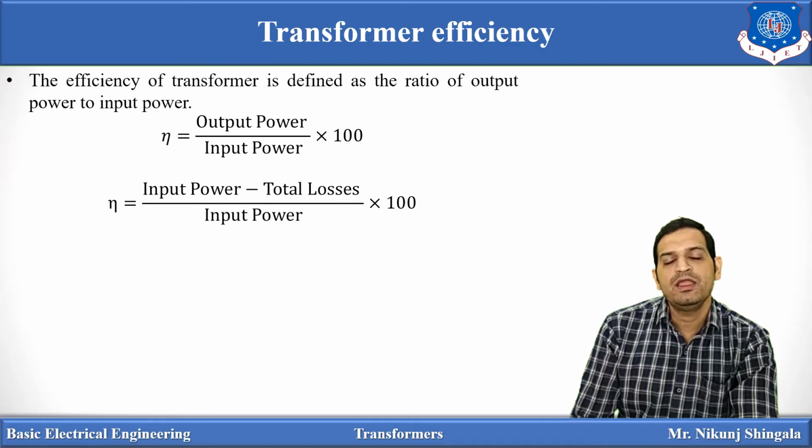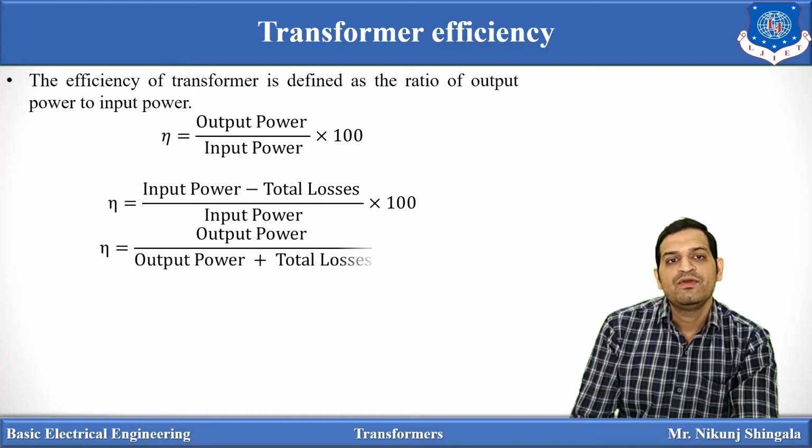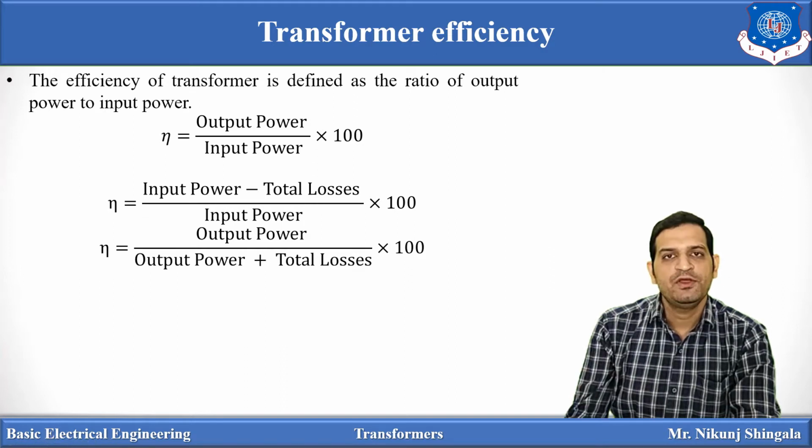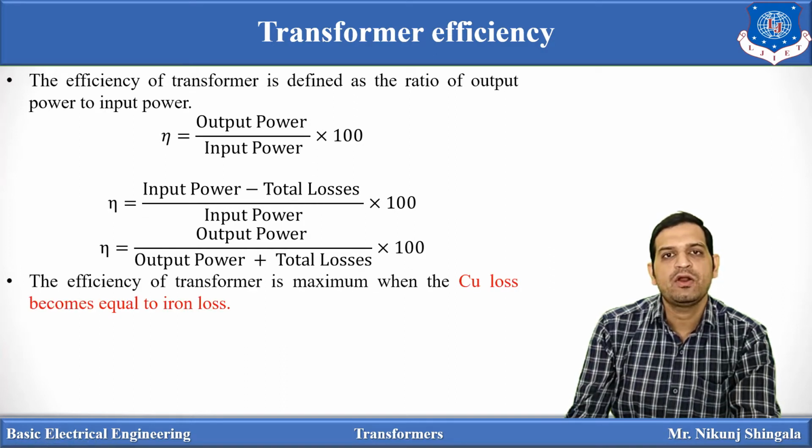So we can write another equation of efficiency: input power minus total losses divided by input power into 100. But we can also write input power is equal to output power plus total losses, because output power is input power minus losses. So this is a third expression of efficiency: output power divided by output power plus total losses into 100. Efficiency of the transformer is maximum when copper loss becomes equal to the iron loss.